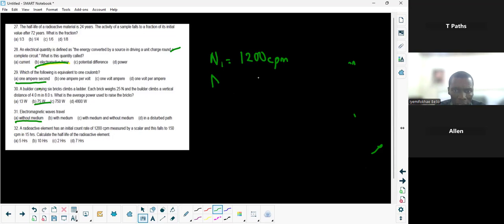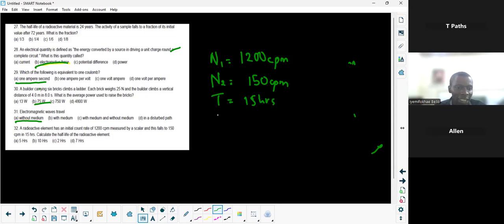Our N2 means that the remaining is 150 CPM. The question says in 15 minutes; our time is 15 hours.